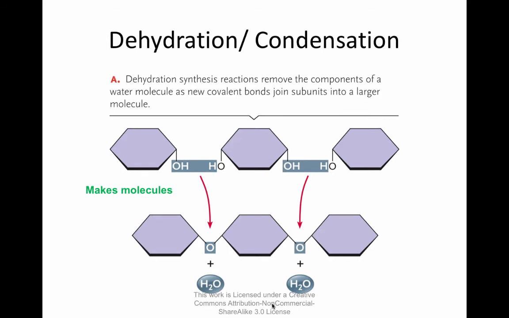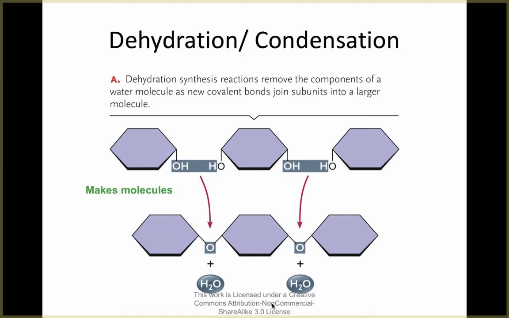So let's talk about how they're formed, right? So in this case, this is what's known as a dehydration synthesis. So dehydration, think what happens when you're dehydrated. If I say you're dehydrated, what does that mean?